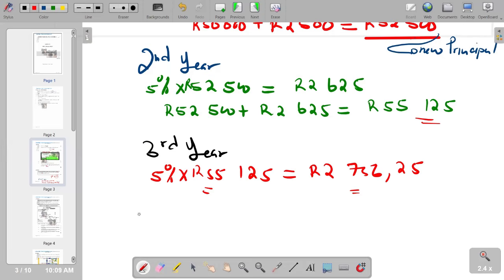So you're saying 55,125 rands plus 2,756 rands 25 cents. So basically, this is what we have on that part.